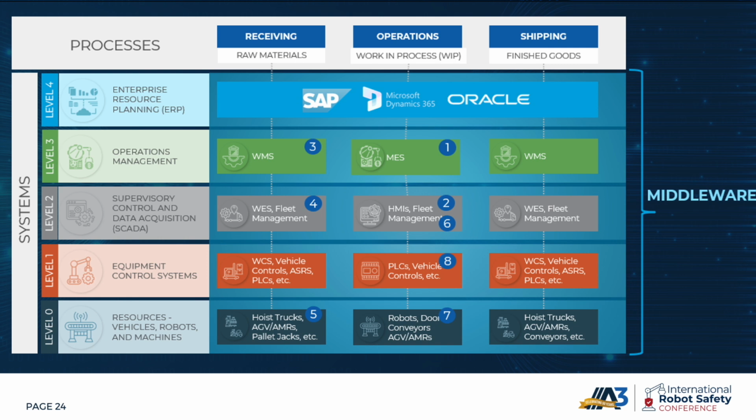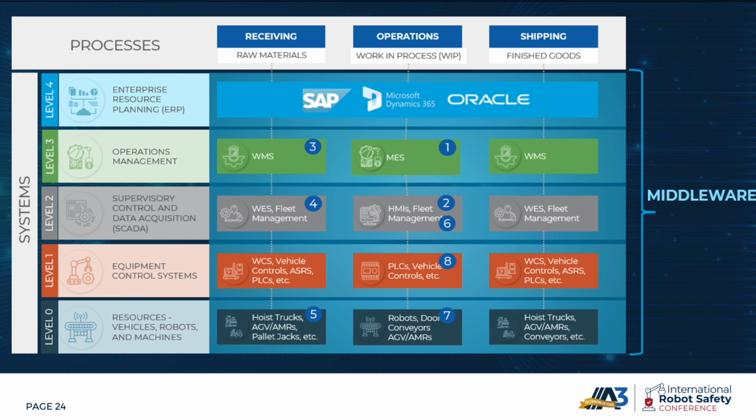So if we go back to our S95 model here, and we start to expand or dream a little bit, middleware does more than just connecting one or two of these boxes together. It becomes more like a connective tissue that can envelop all of your systems and processes and unifies everything together.